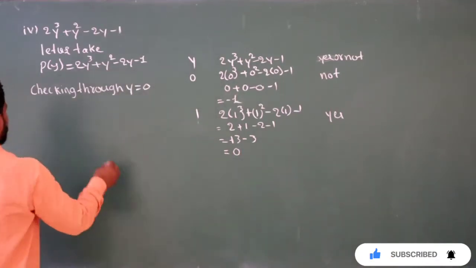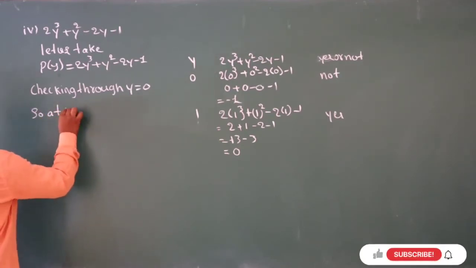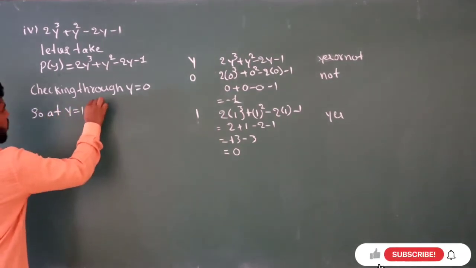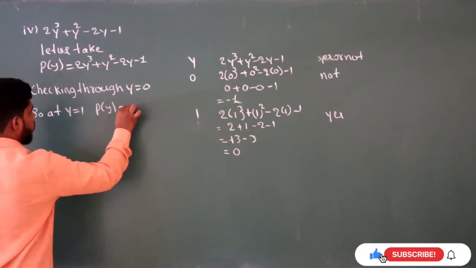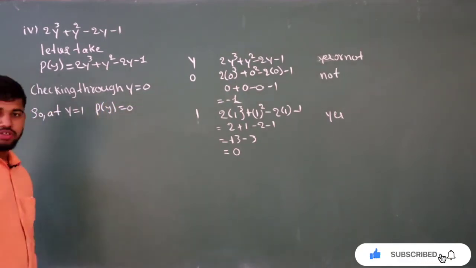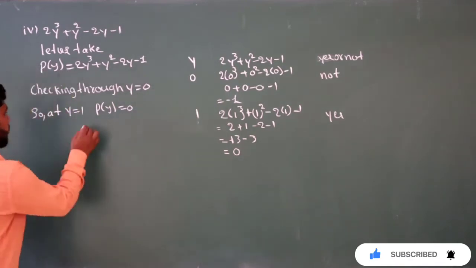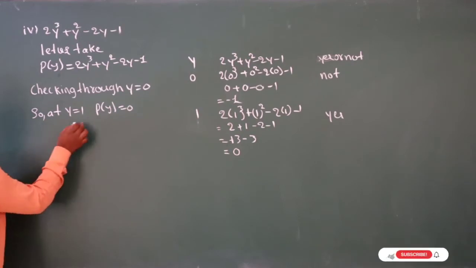So at y is equal to 1, p of y is equal to 0. In the place of the y, we used the value 1, so that p of y is equal to 0.